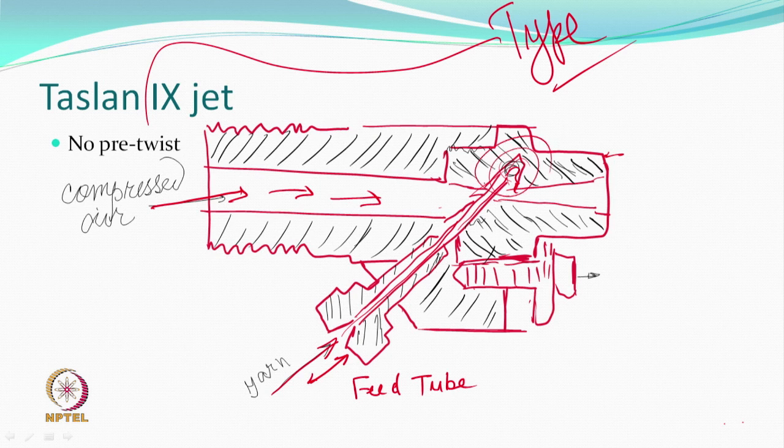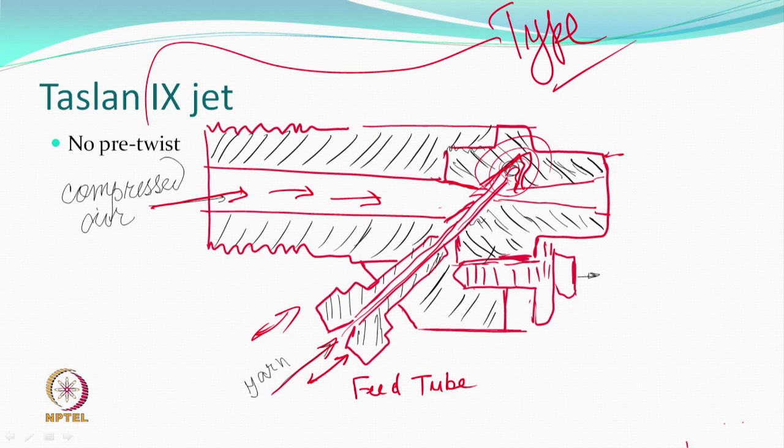So, there is some kind of a cavity here. The feed tube can go up or down. This, you can see, is the converging point, and because it is convergent, the velocity will be high, and the pressures at this point will obviously be different.